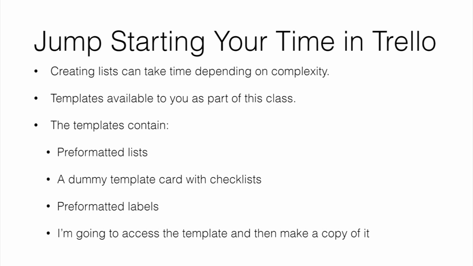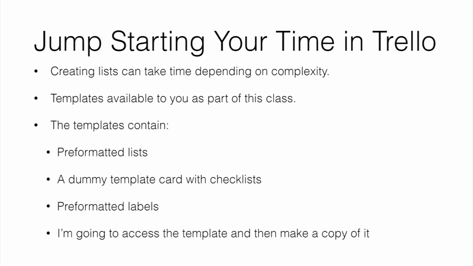Now, when working with boards, there's a lot to set up with all these different boards and lists. And so what I want to do as part of this training is to jumpstart your process with using Trello. And a great way to do that, because creating lists can take time depending on complexity, is that I've included a number of templates that are available to you as part of this class. And they're going to be templates for each of those 4 boards that we talked about.